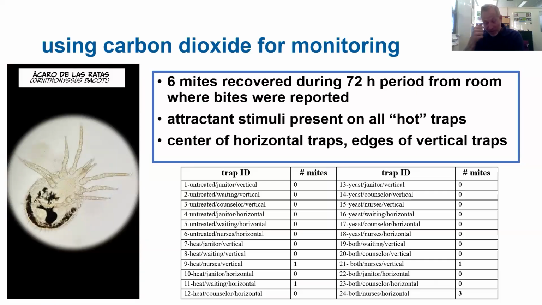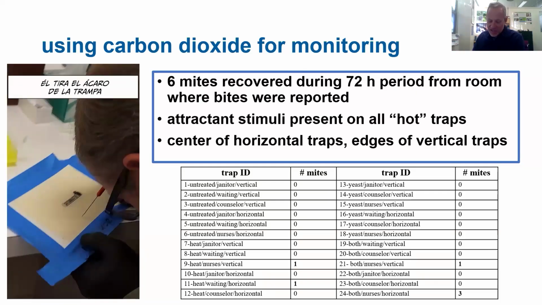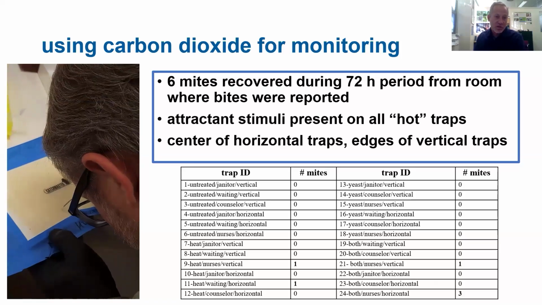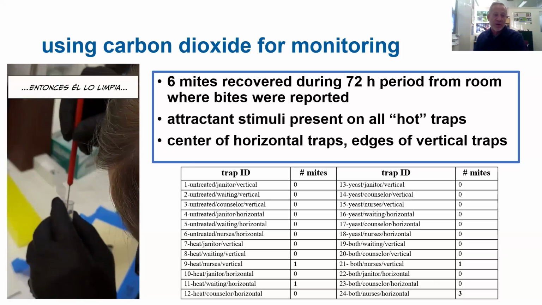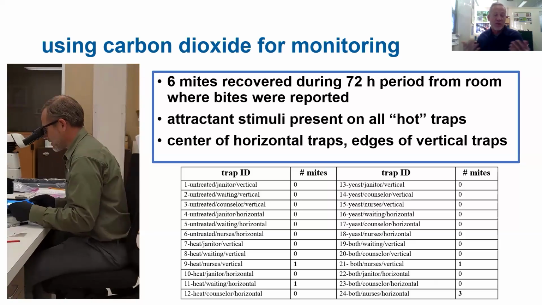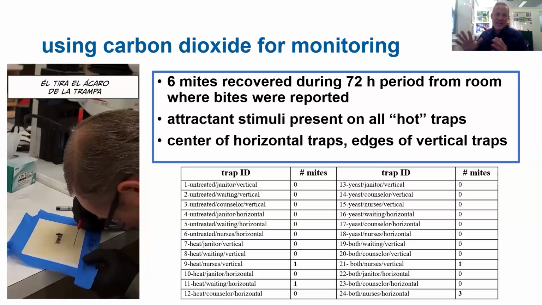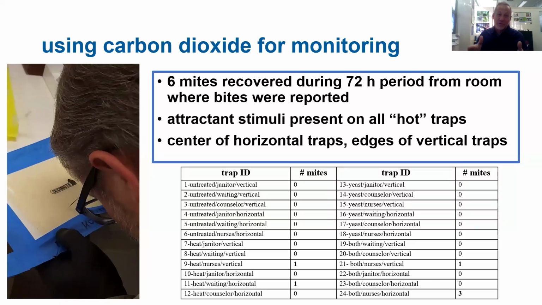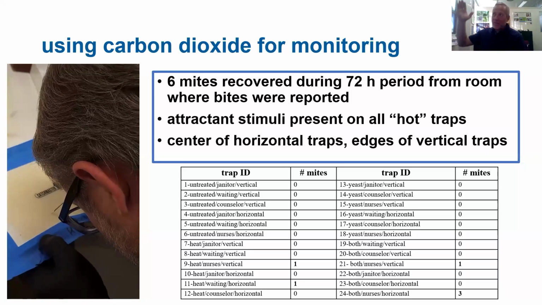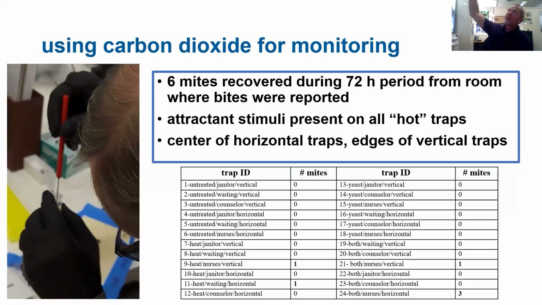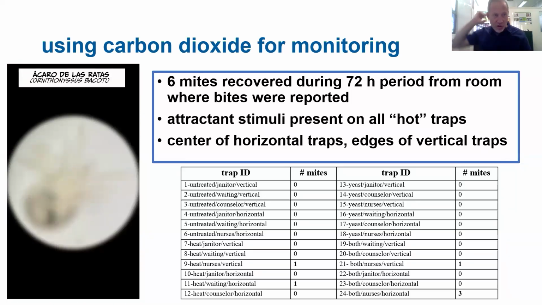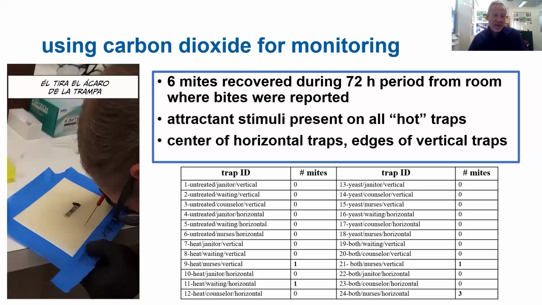I don't know that there are traps out there that utilize heat and carbon dioxide that we can use for mites. But what I invite you to do if you think you're dealing with biting mites is just move your glue boards from the floor to the wall and maybe put them in a corner or put them at the top of the wall where the wall meets with the ceiling.